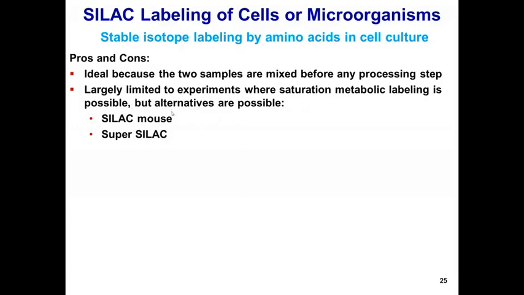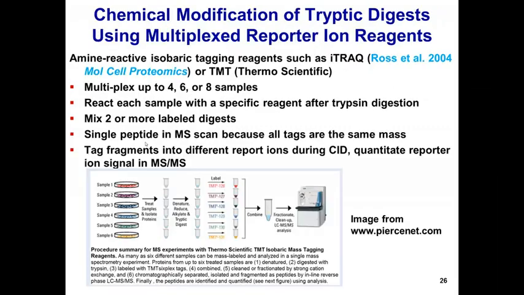However, some alternatives have been described. One is that you can label entire organisms by feeding them heavy amino acids, and this has been done with several mouse models. Another is a super-SILAC approach, where one takes a series of cell lines that represent a non-labelable source and mixes them together and uses them as a reference.